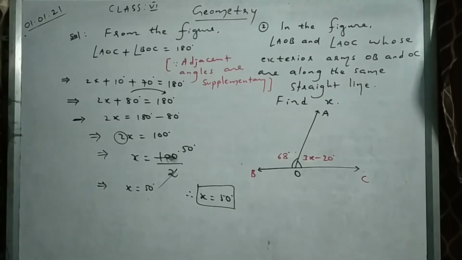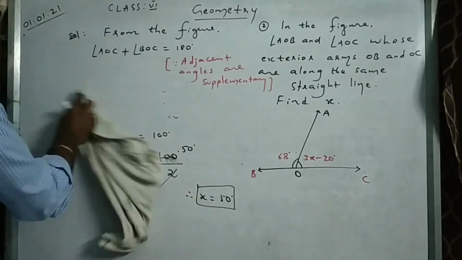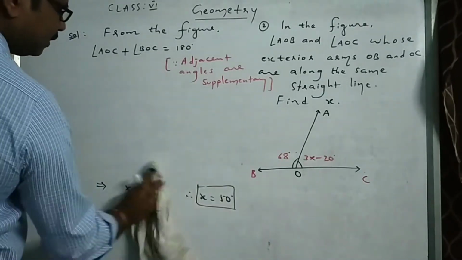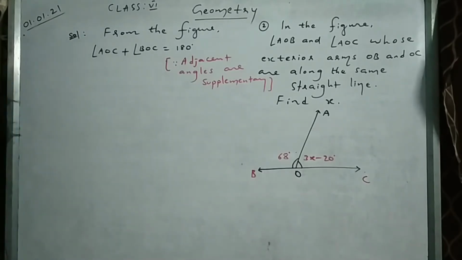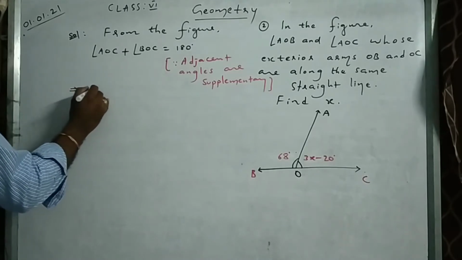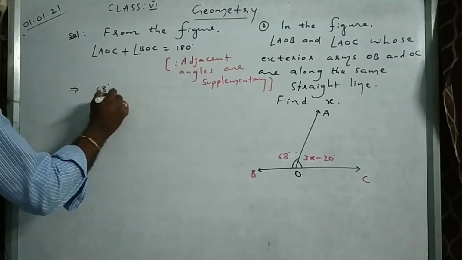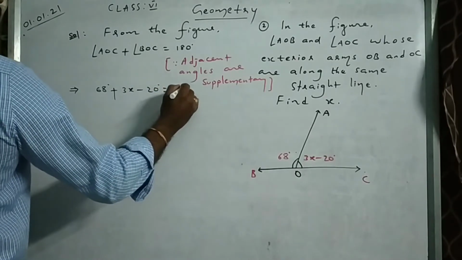Question is same, so I will do here. Together how much will you get? 68 plus 3x minus 20 equal to how much? 180 degrees.